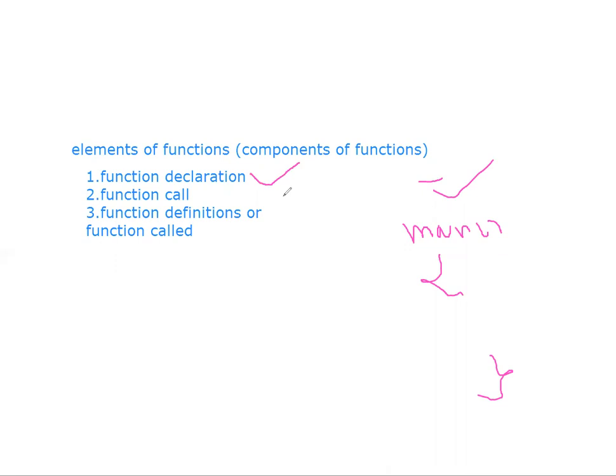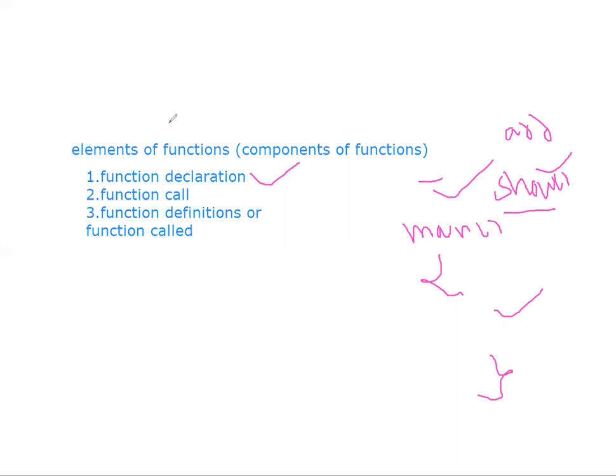Like if we are using an add function, a display function, or a show function, we identify it beforehand: the return type, the function name, and which type of parameters we are using in this function. That is called a function declaration.